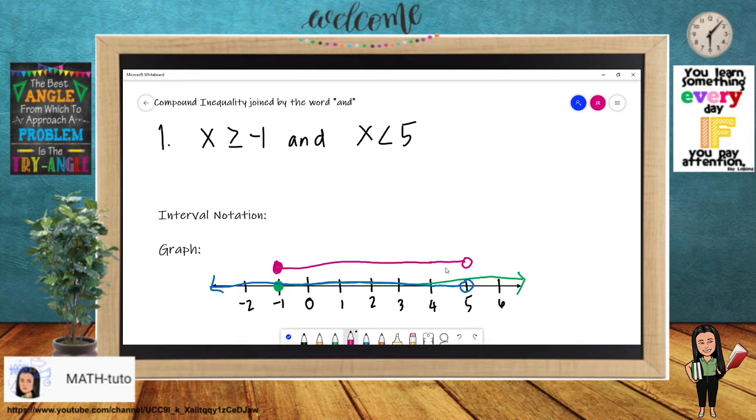Ibig sabihin, meron siyang boundary na dalawang number which is negative 1 and 5. So, that is why this type of inequality can be combined into just one inequality and it can be written in this manner.